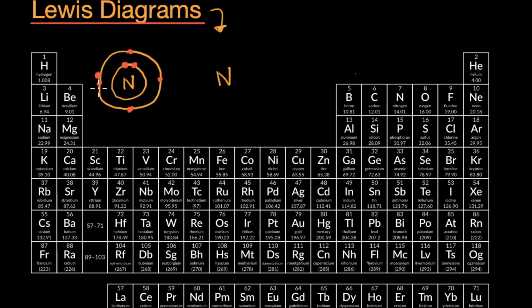We just saw that there are 5 valence electrons for nitrogen, 7 total, but 5 valence, 5 electrons in that outermost shell. So it is going to be 1, 2, 3, 4, and then 5. So that's a Lewis diagram for a neutral nitrogen atom.